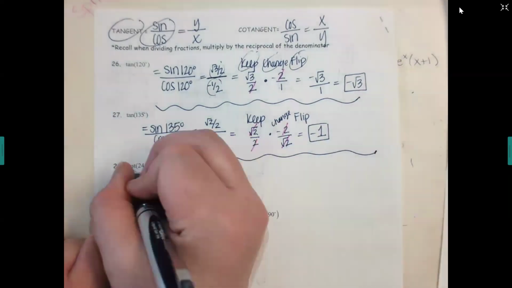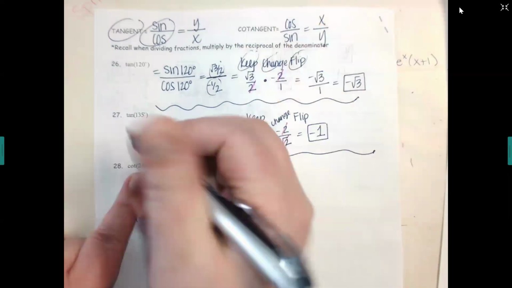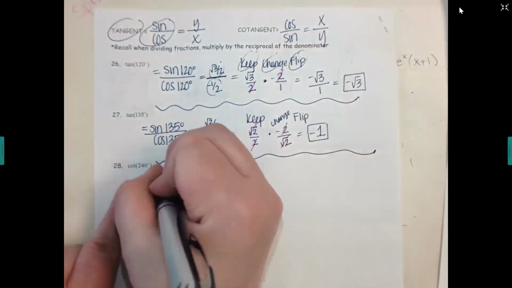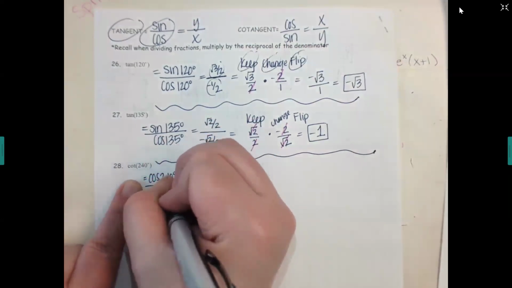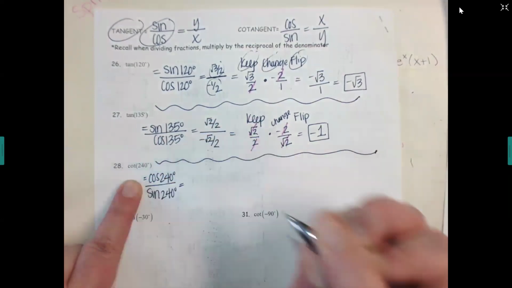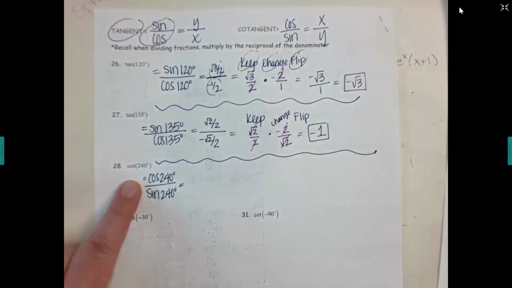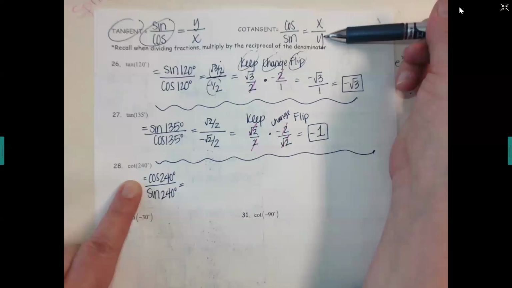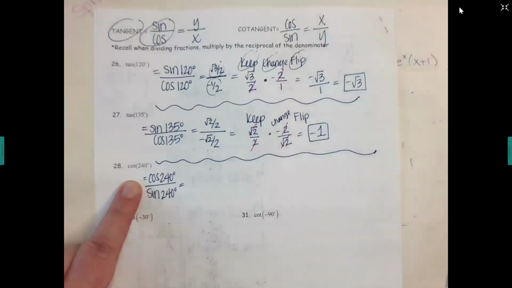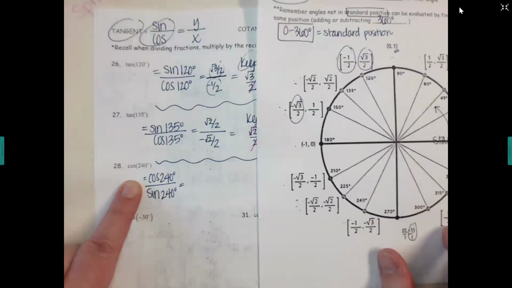Then I would say, oh, well, if it's cotan, I'm using cosine over sine. So cosine of 240 over sine of 240. But then I know when I look at my circle, that's going to be whatever this x is divided by this y. So find 240 on your circle.